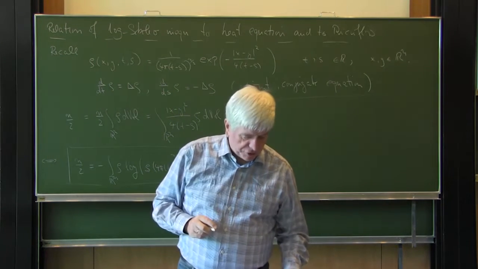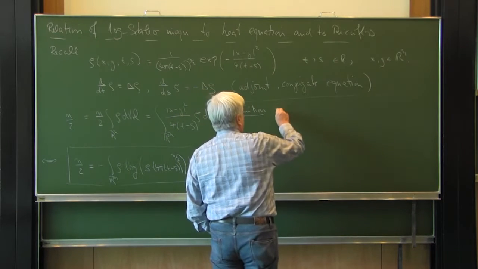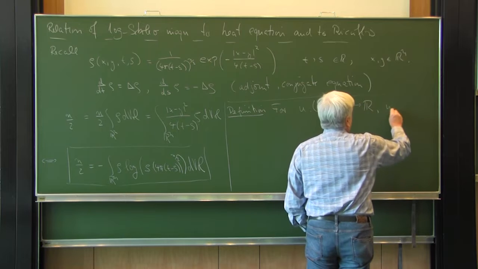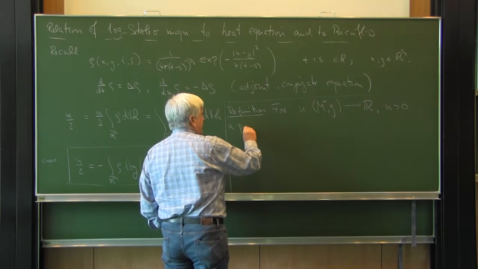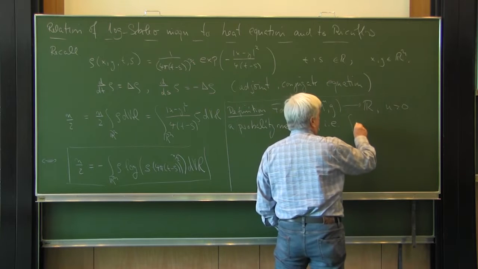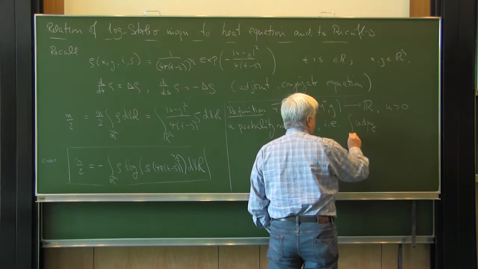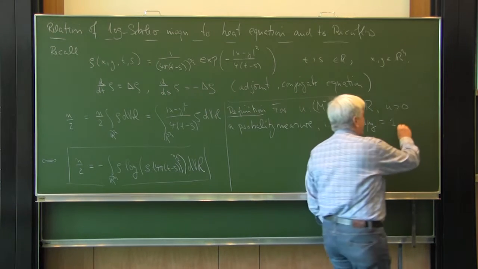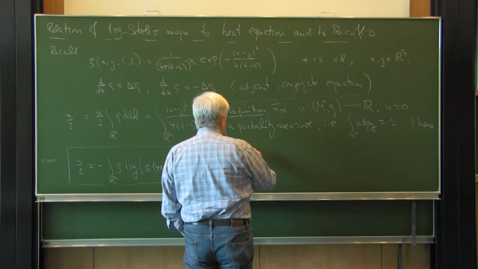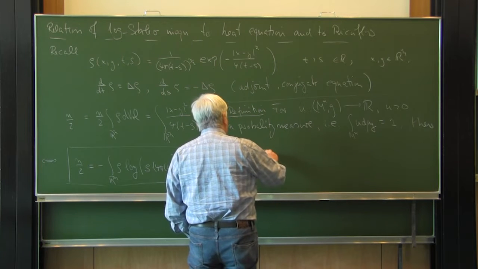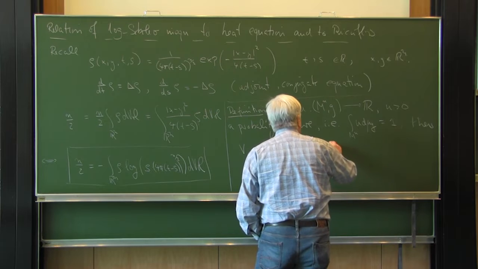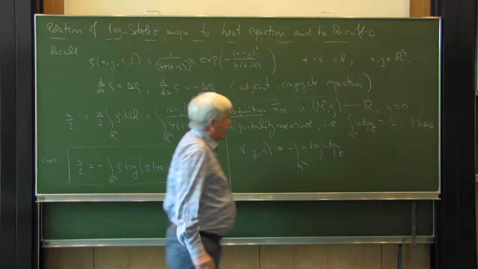We say that for a function u on R^n, or on some Riemannian manifold M, if u is a positive function and a probability measure, in other words, if the integral of u d mu_g over M is equal to 1, then we call the quantity N of g and u, equal to minus the integral of u log u d mu_g over M, the entropy.